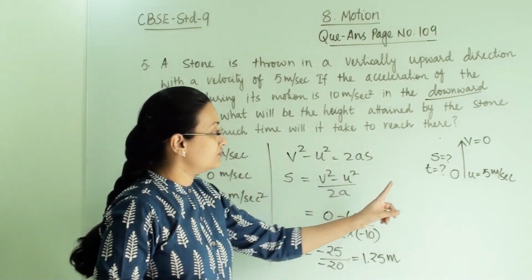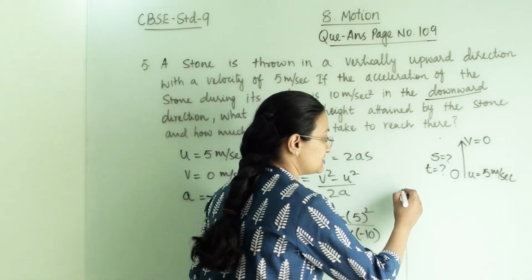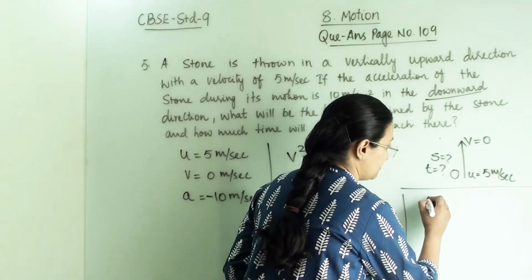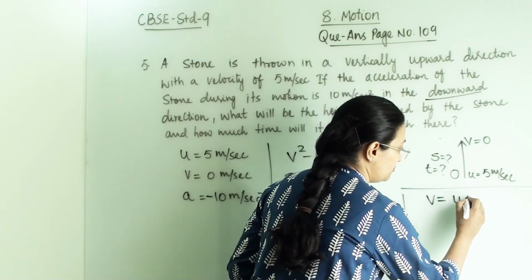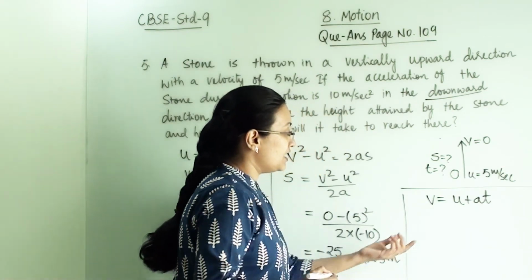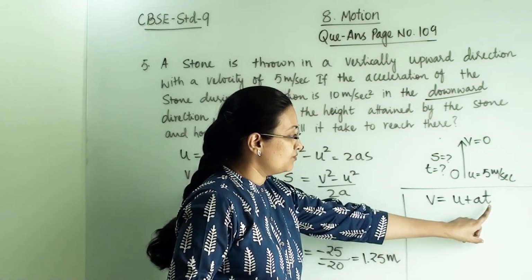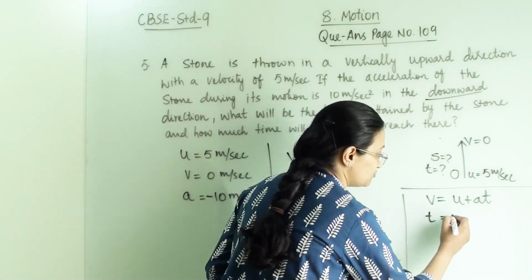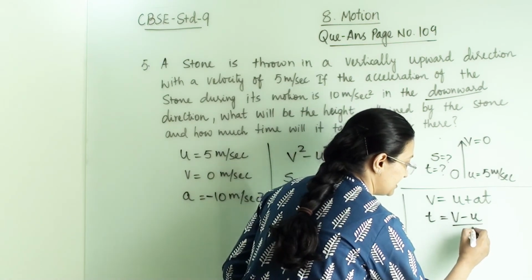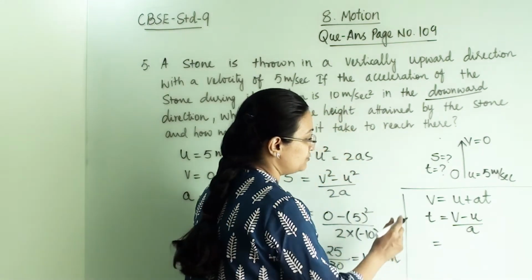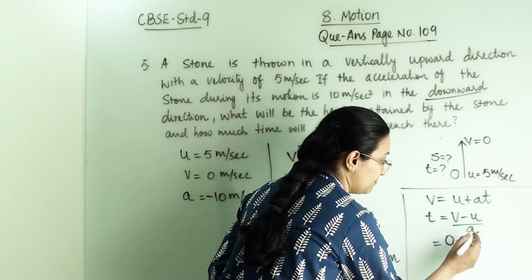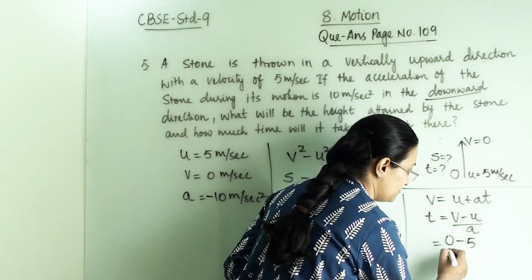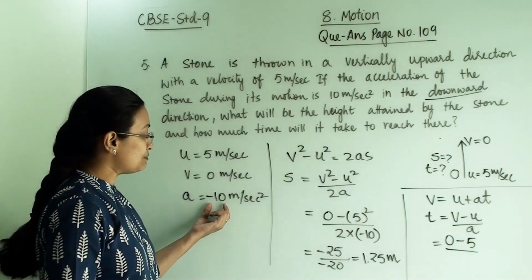Now we have to find the time it will require for this distance. We have the equation v equals u plus at. In this equation we have all the details except time, so let us write this equation with respect to t: t equals (v minus u) divided by a. The final velocity is 0 minus the initial velocity 5, then the acceleration is minus 10.